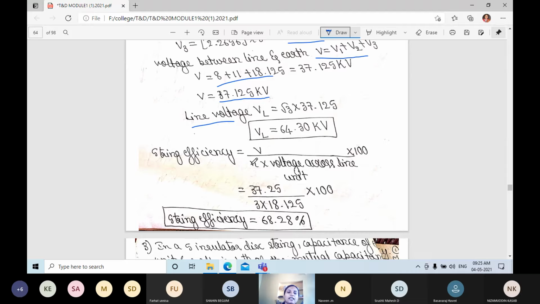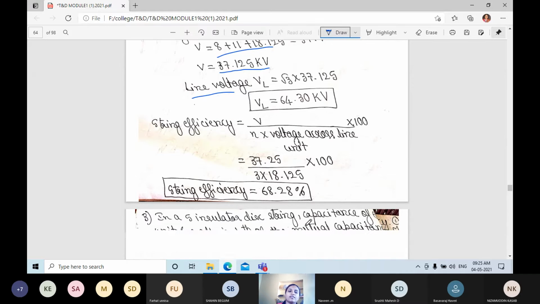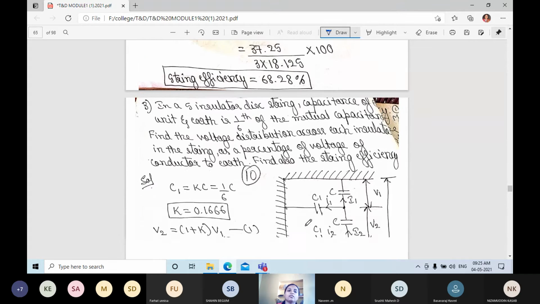And here, N is equal to what? 3 discs they have given, so N is equal to 3, and the voltage across the line unit, that is V3, is equal to 18.125. So you will get string efficiency 68.28%. Okay, this is the string efficiency calculation.